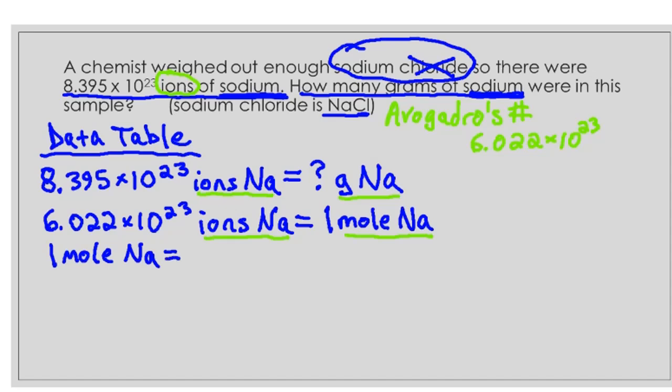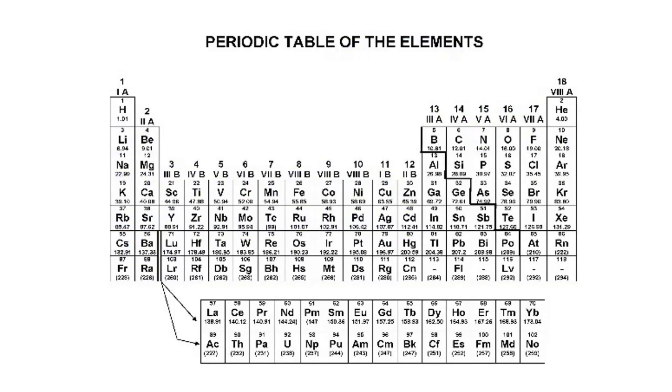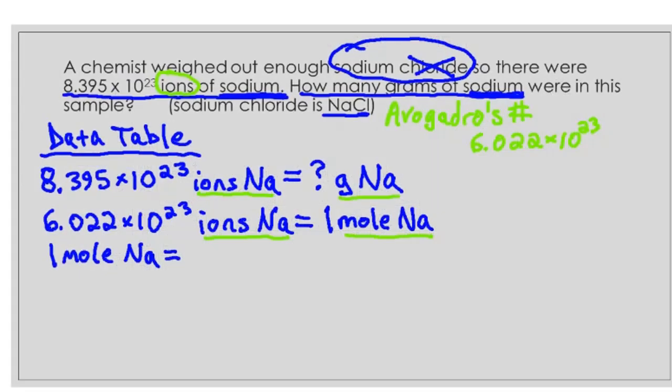So let's look at our periodic table. And sodium is right down here, and that's 22.99. So let's go back to our data table. 22.99 grams of sodium is going to equal that 1 mole of sodium.